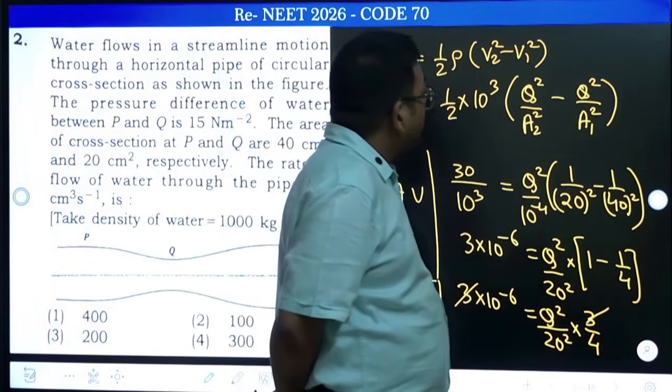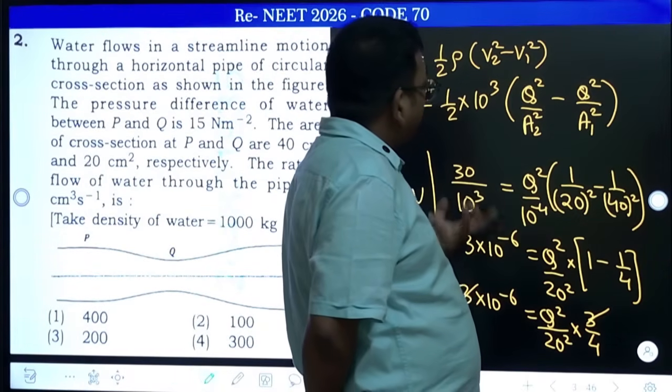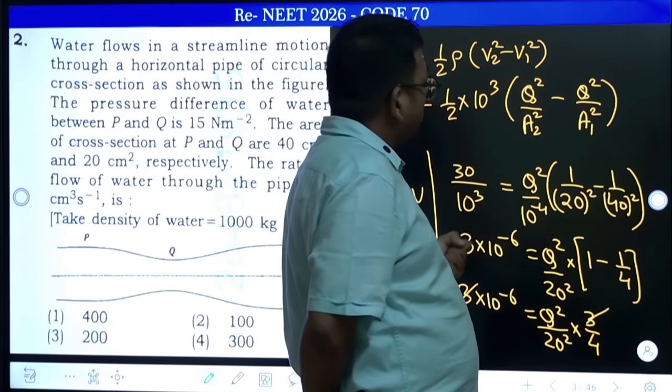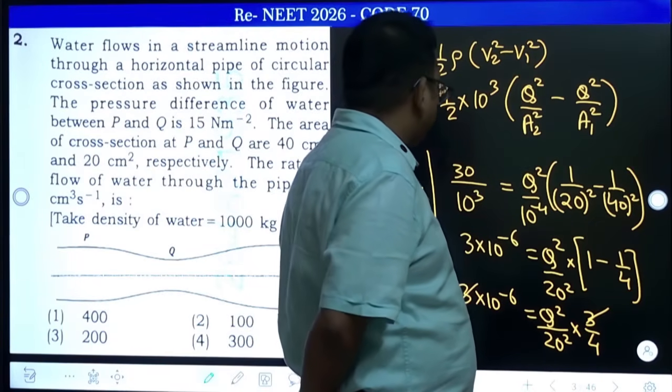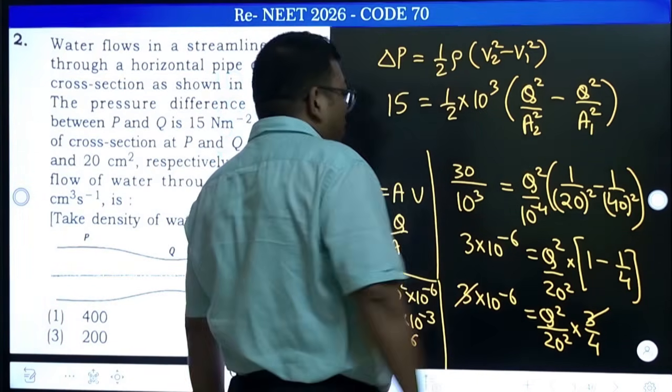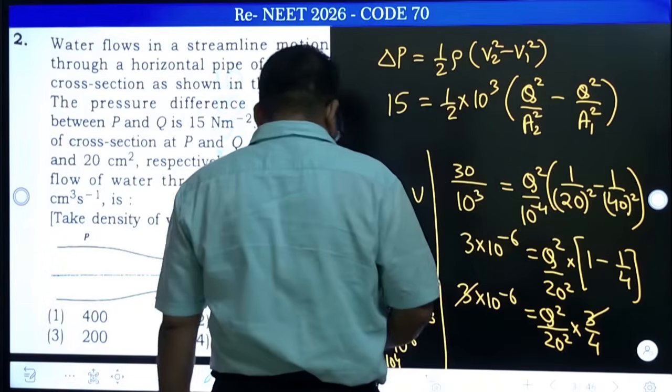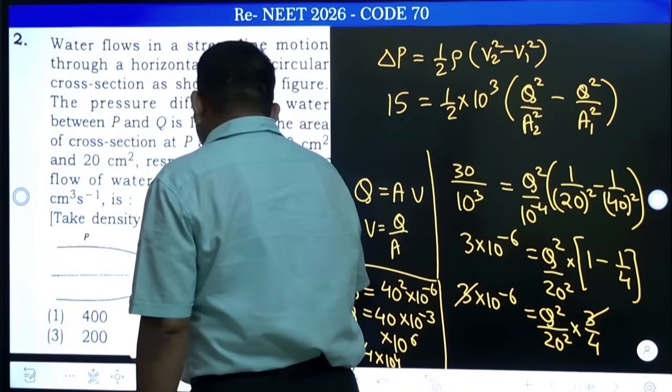Okay, it is area square. Area square means area is centimeter square. Square of that it is. Okay, that means it is 10 power minus 8 it is. It is 10 to the power minus 8 here will be coming, because area square it is. So just correct this. This is going to be 8.